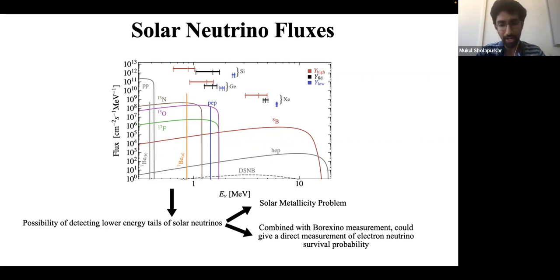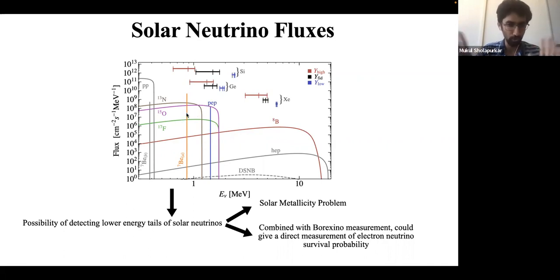And if you do this measurement and combine it with the Borexino measurement, for example, which looks for electron excitations and is sensitive to electron neutrinos, then that could be a direct measurement of the electron neutrino survival probability in this transition region of a few MeV of neutrino energies.